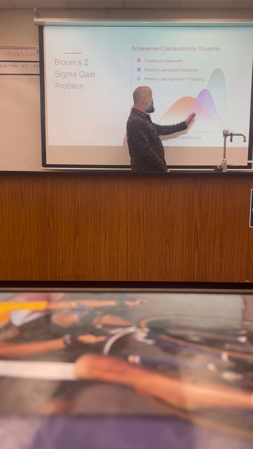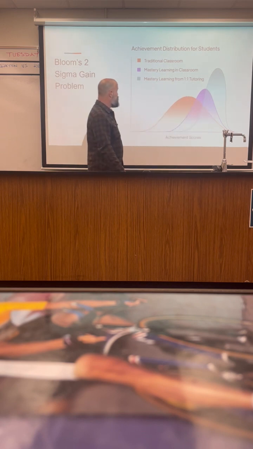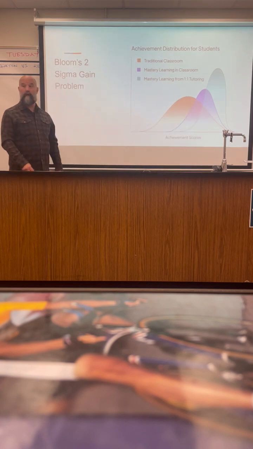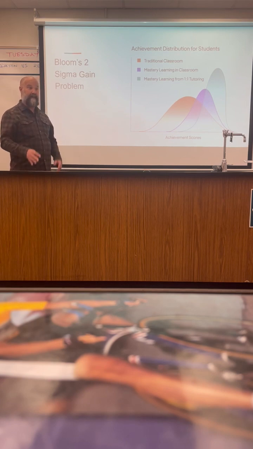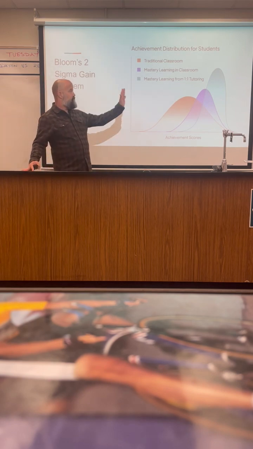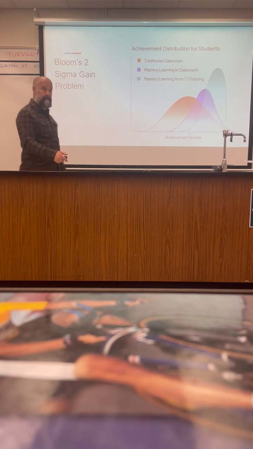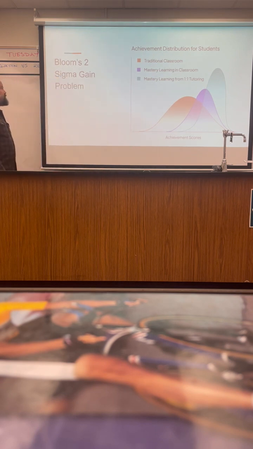And then we see the farthest one to the right, the most productive one, is mastery learning from a one-on-one tutor. So if we have someone that's one-on-one with us and sees our mistakes, and then provides feedback for those mistakes, and then guides our learning, we get the biggest bang for our buck over there on the right-hand side. So that's Bloom's 2 Sigma Gain problem.